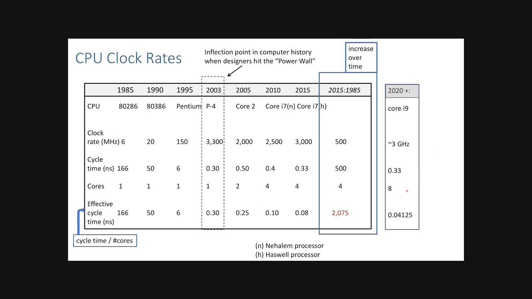But now we have 8 cores, and so you divide this effective time in half again, and this effective cycle time is going down again. And so that's pretty interesting. We have a lot of power to run instructions if we can write programs that'll let us do that.